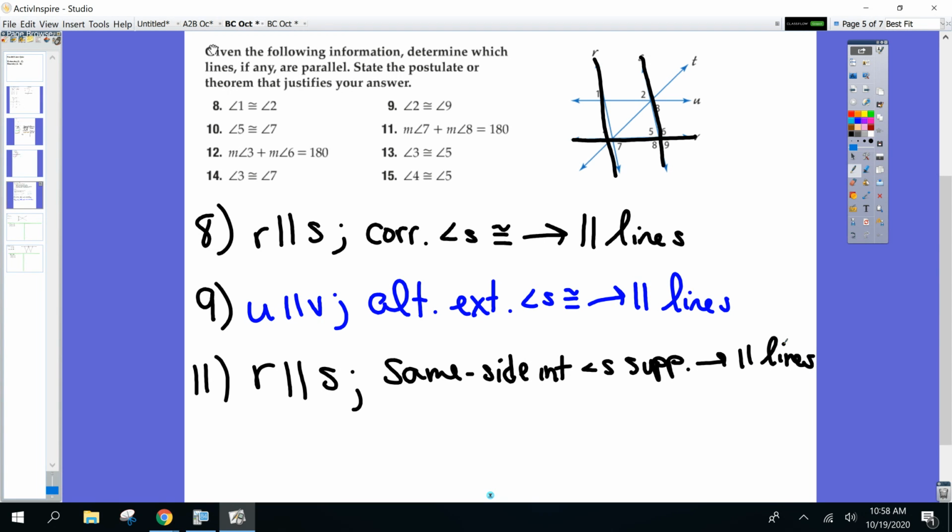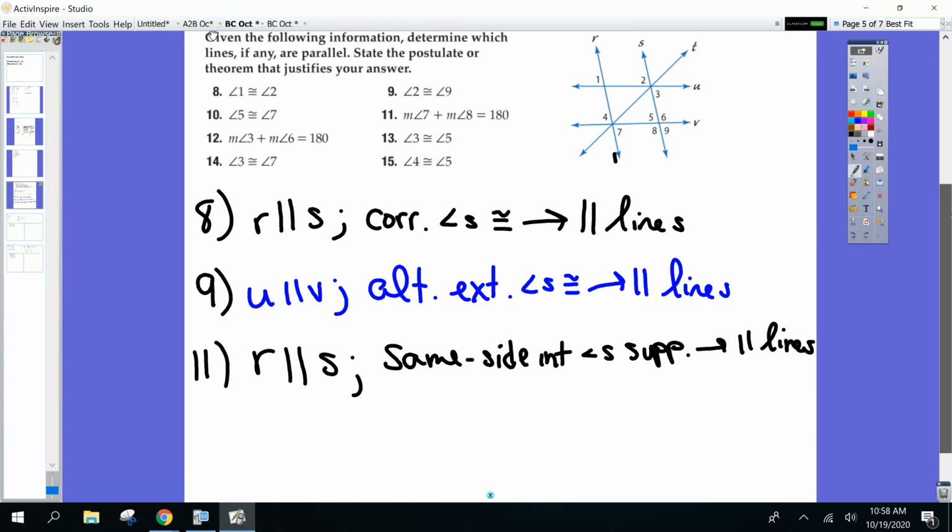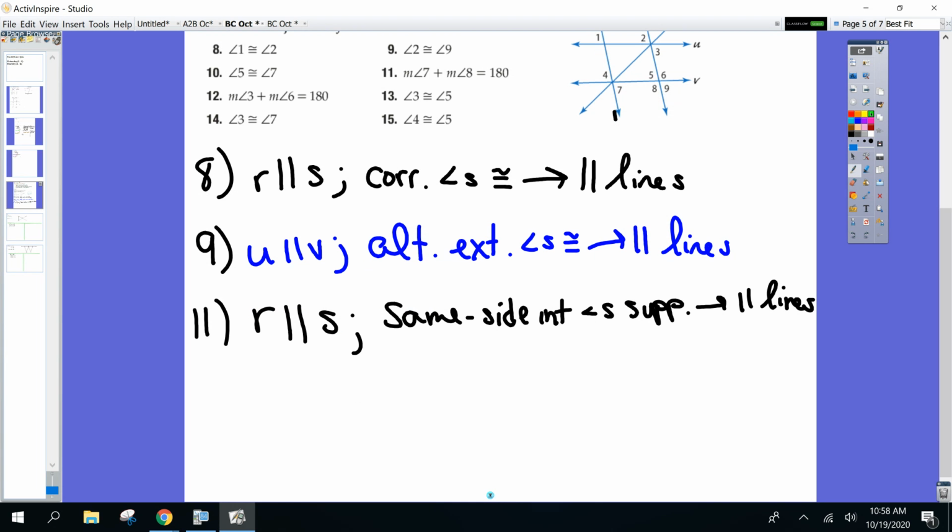One more, number 14. One more and then we'll get to the proofs. 3 and 7.